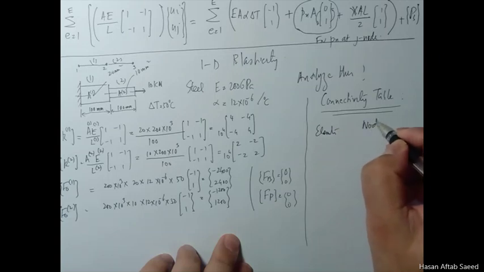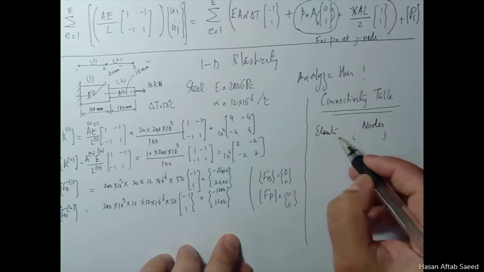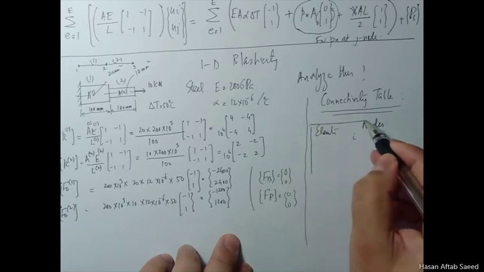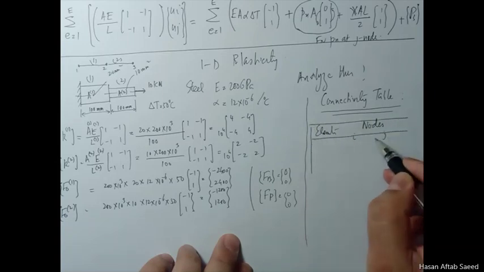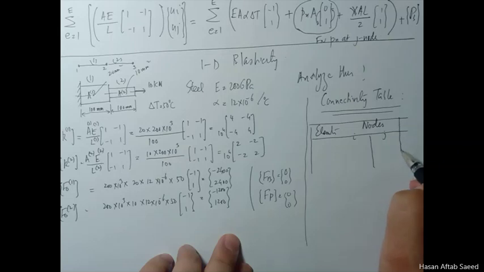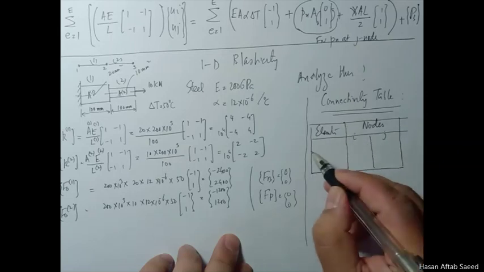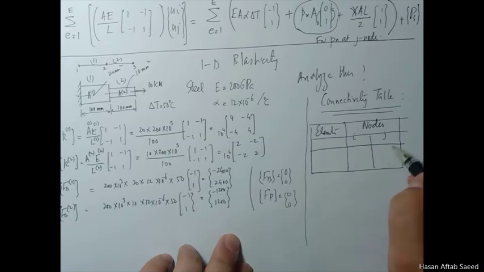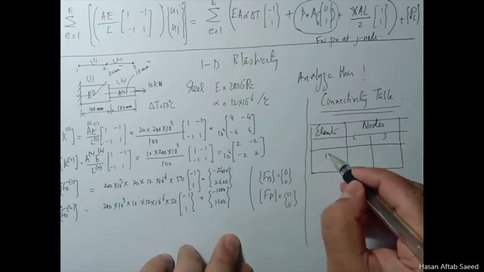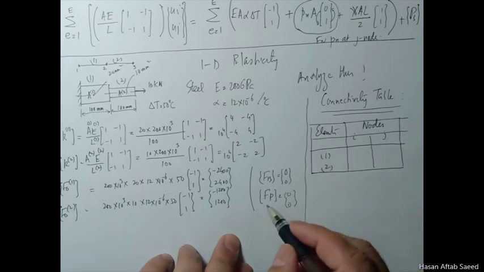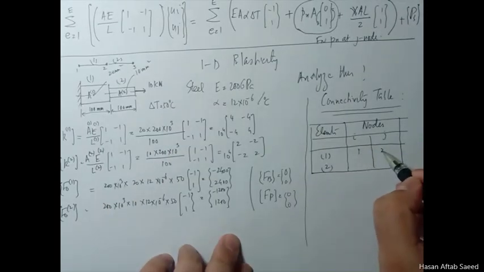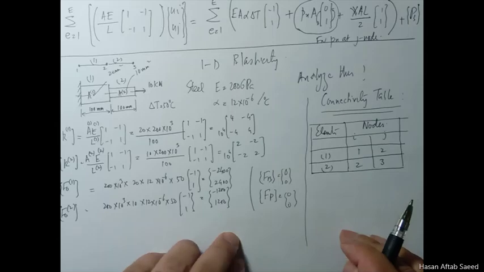It's always better to do things in writing. This is I node, this is J node. This is how we assemble a connectivity table. You're familiar with this. There are just two elements, element 1 and element 2. For element 1, the nodes are 1 and 2. For element 2, the nodes are 2 and 3.